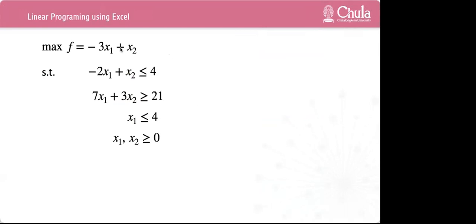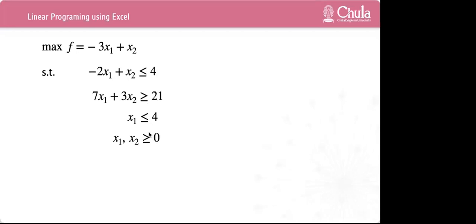For example, we have this problem: maximize minus 3x1 plus x2, with constraints minus 2x1 plus x2 less than or equal to 4, 7x1 plus 3x2 greater than or equal to 21, x1 less than or equal to 4, and x1, x2 greater than or equal to 0.